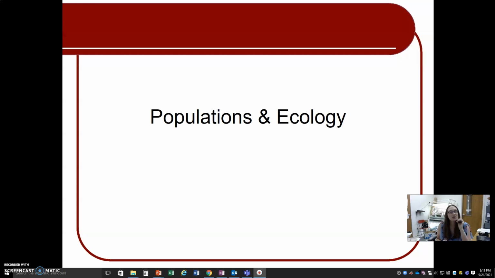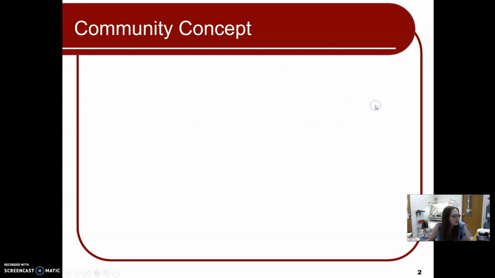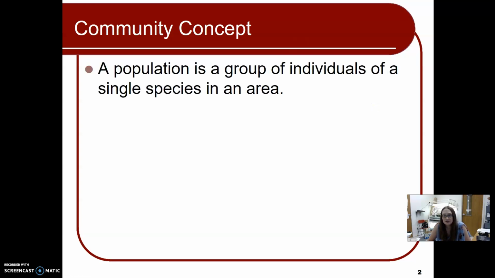And today we're going to talk about populations and ecology. So let's get started. First, we need a couple of definitions. A population is a group of individuals of a single species in an area.